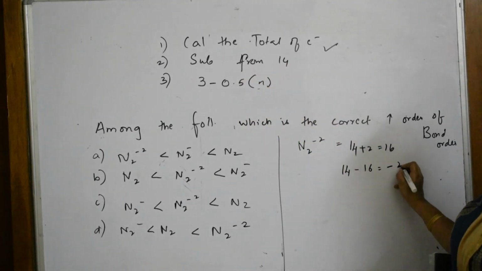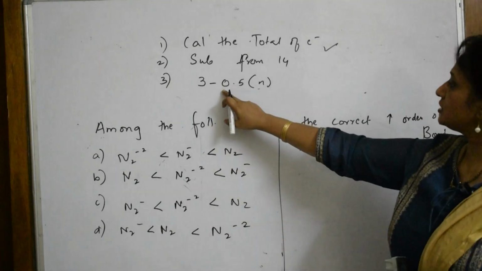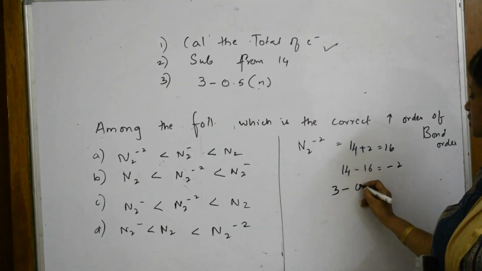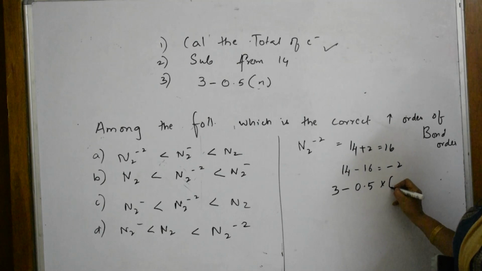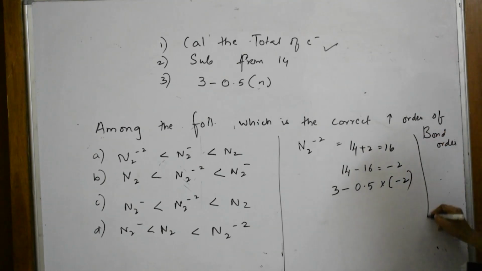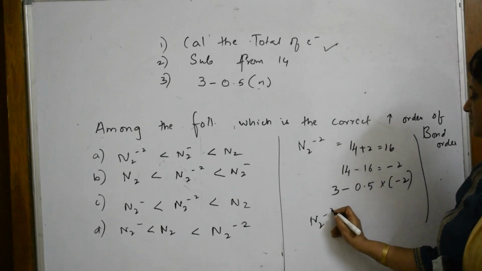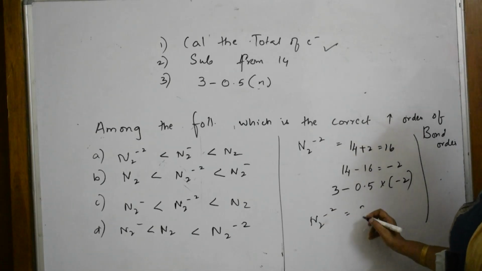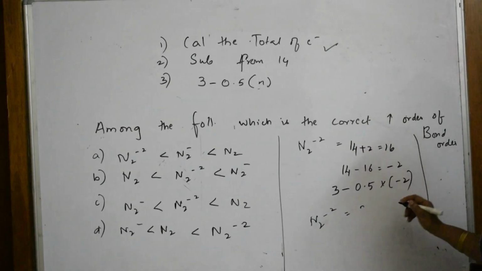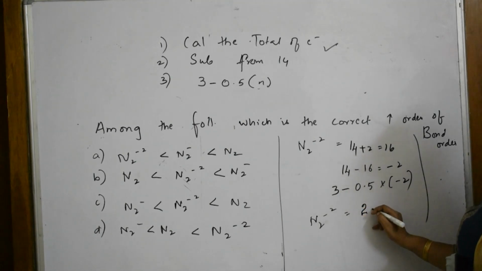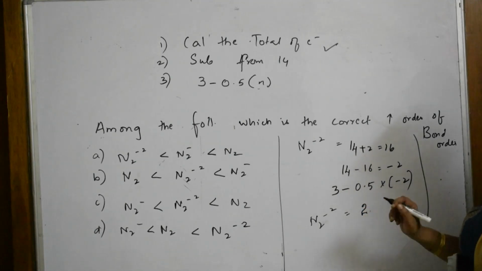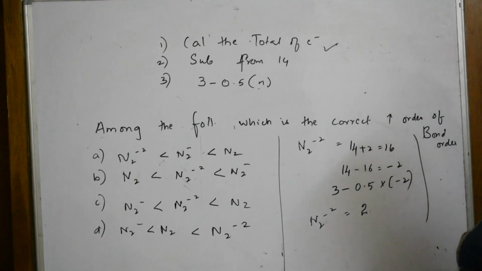So it becomes minus 2. Then you are going to the third step. 3 minus 0.5 into minus 2. So according to the board maths, you solve this. You get an answer of N2 minus 2 bond order is 2.